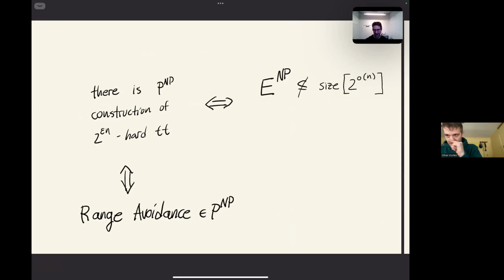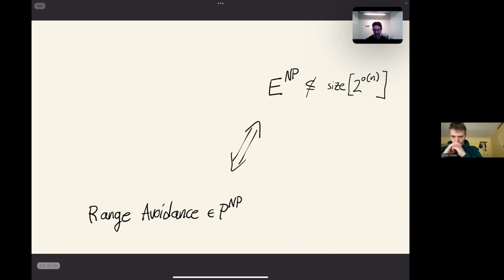And so this gives us an equivalence: we have this complexity class of all the problems reducible to range avoidance, and the only upper bound we can put on it right now is ZPNP. And we can say that collapsing this class down to P^NP is possible if and only if a certain circuit lower bound holds. So we have a cool situation where we can characterize how hard this class is precisely by a circuit lower bound for a different class.